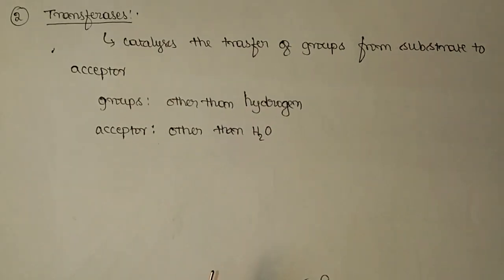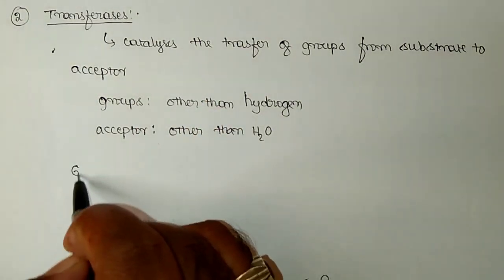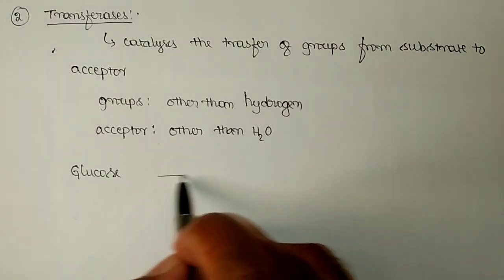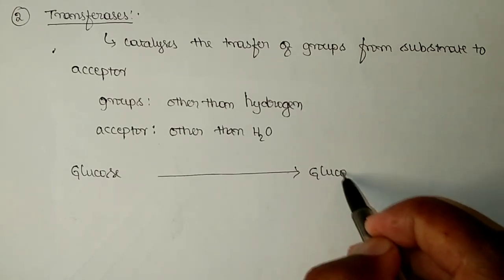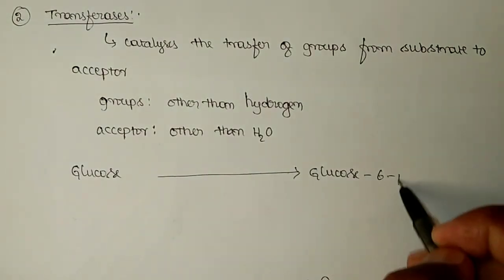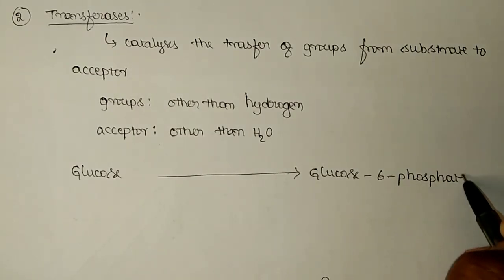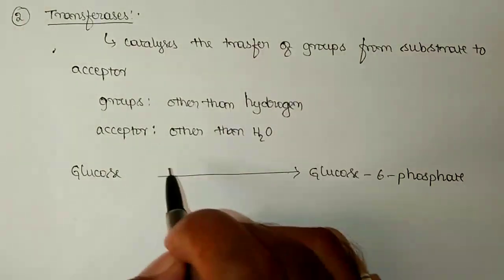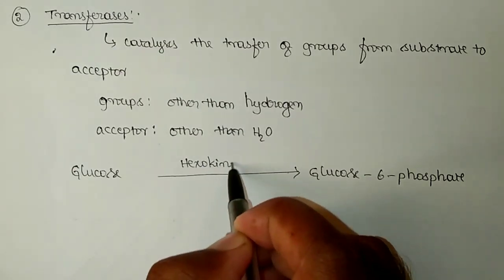For this, we shall give one simple example for transferases. If you consider glucose, and glucose needs to be converted into glucose 6-phosphate, the enzyme used will be hexokinase.